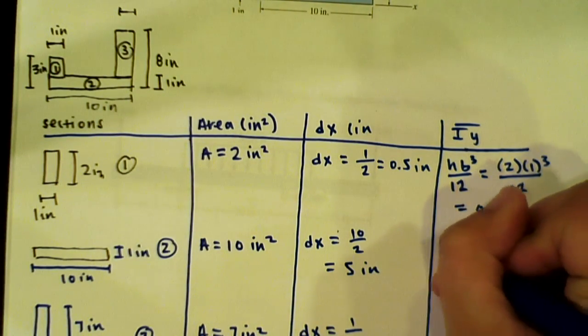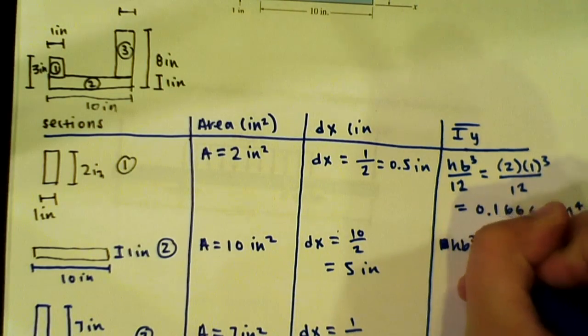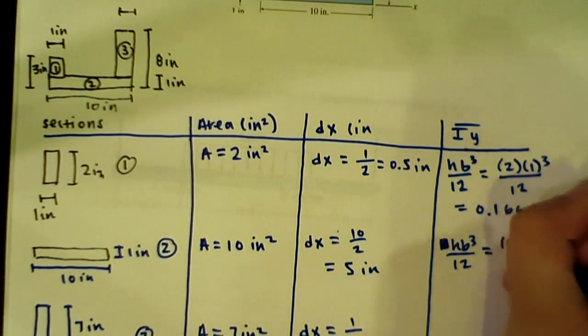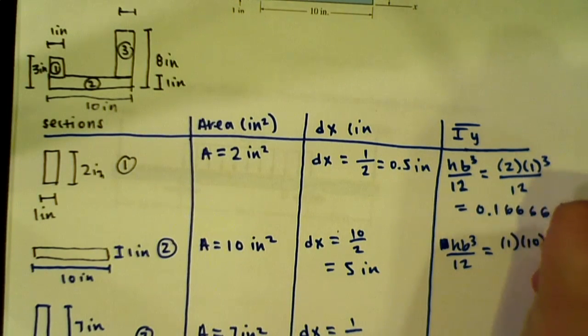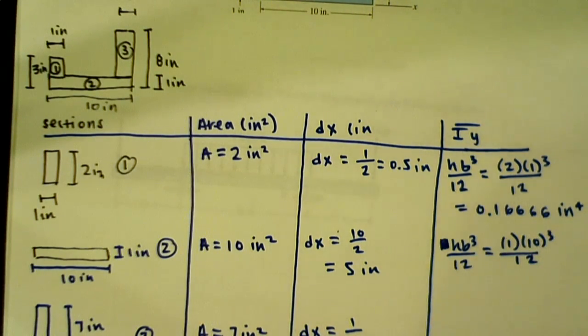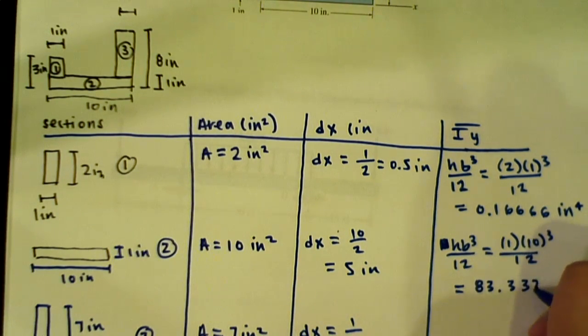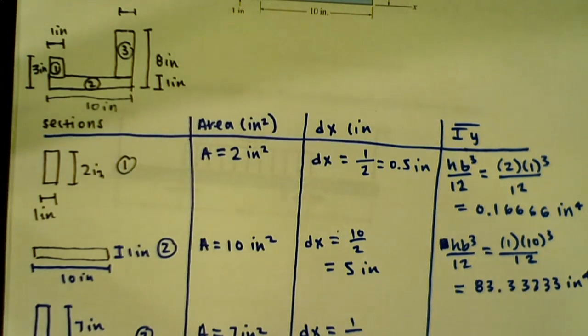So it's going to be h b cubed over 12, and we will have 1 times 10 cubed over 12. And that's going to equal 83.33333 inches to the 4th, because he always likes you to keep it to 5 sig figs until the very end, and then you can round it to 3.